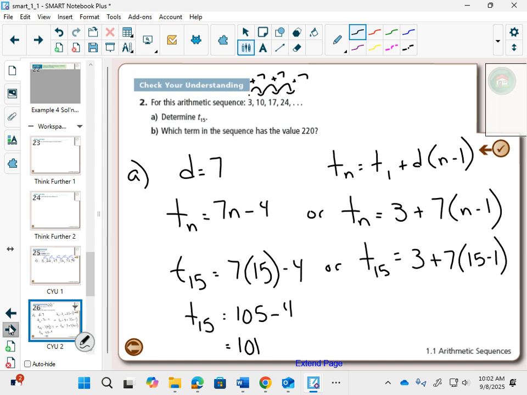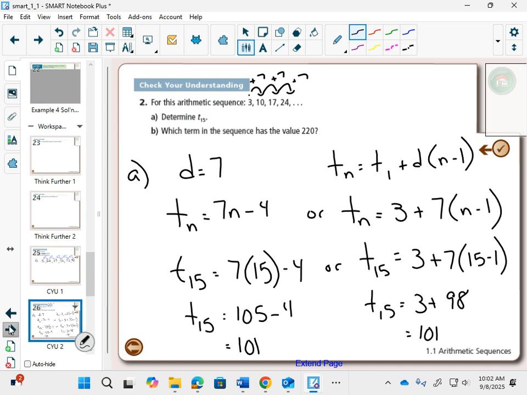If you did it this way, term 15 would equal 3 plus 7 times 14. 7 times 14 is 98, and you get 101 that way as well. So it doesn't matter which version of the formula you use. They both will give you the right answer, as long as we do our order of operations, right?